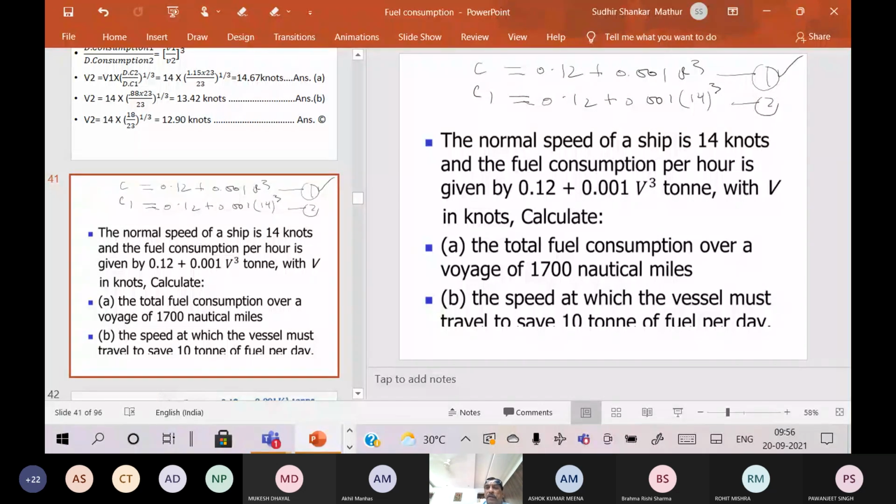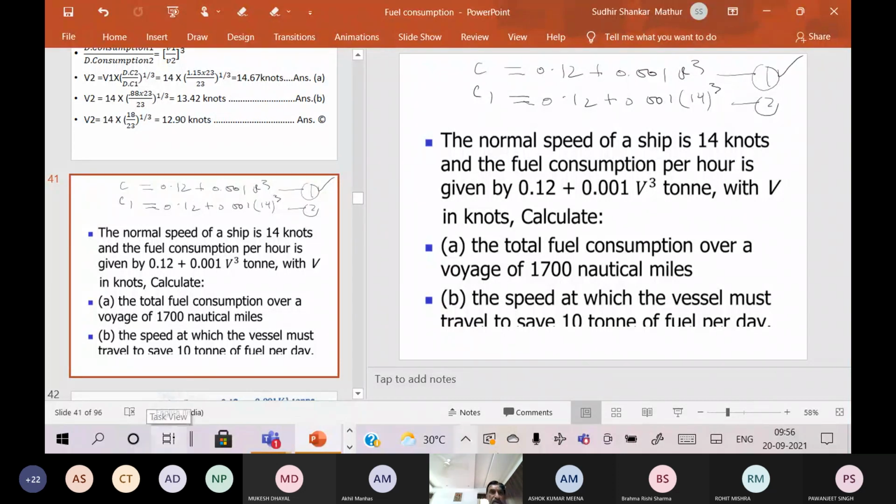And then if the speed is changed, this is per hour given with V knots. So if we have to calculate for a voyage of 1700 nautical miles, correct?